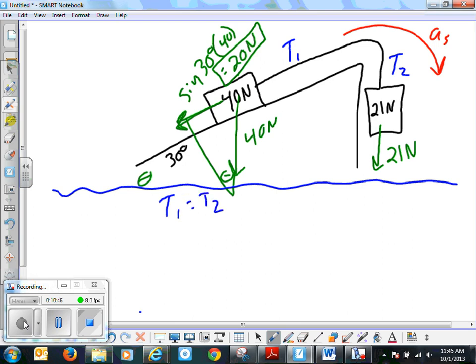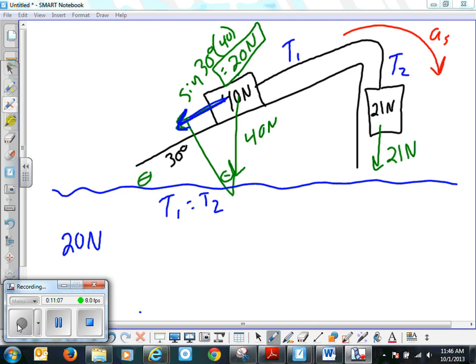Now, if you think of the forces, T1 force doesn't have the weight anymore, it's the 20 newtons, right? That's the part of gravity that's directed down the ramp. Now the question is, is it going to be plus or minus mass times acceleration of the system?